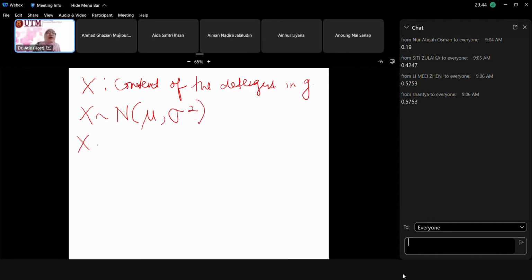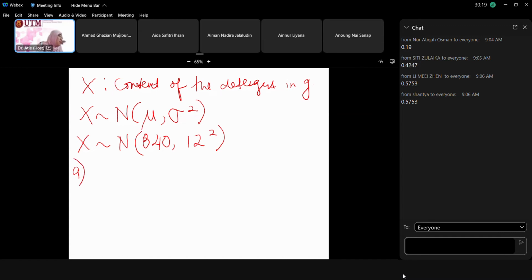So the mean here is 840 gram. You don't need to put gram because we already defined it in X just now. And the standard deviation is 12 squared. This is the first step: you need to write the distribution first before solving the problem. Now we can answer part A.